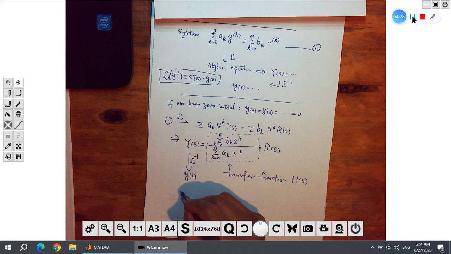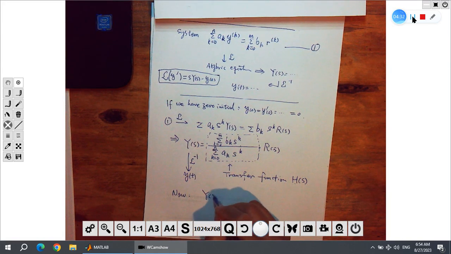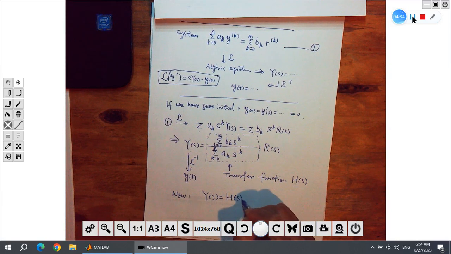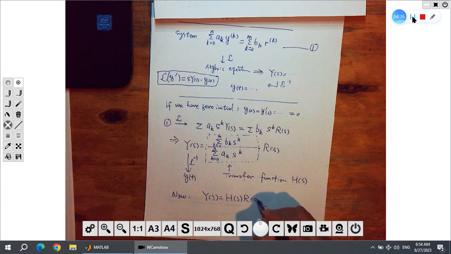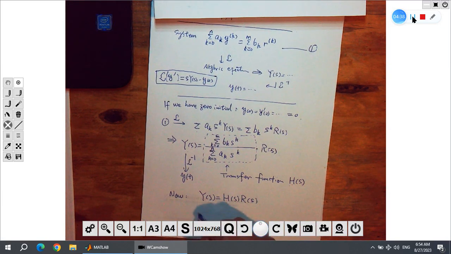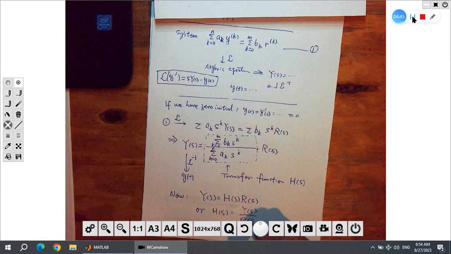Suppose now we have H of s as the transfer function. Then Y of s equals the transfer function H times the input in the s domain, right? Or H of s equals Y of s over R of s. We can use the second form to determine H of s.